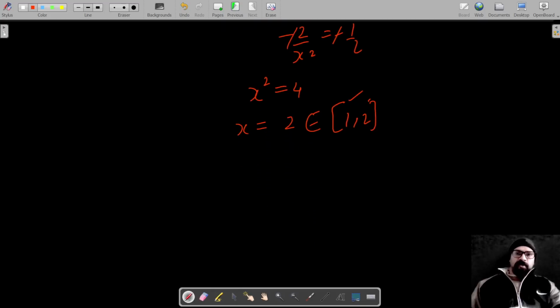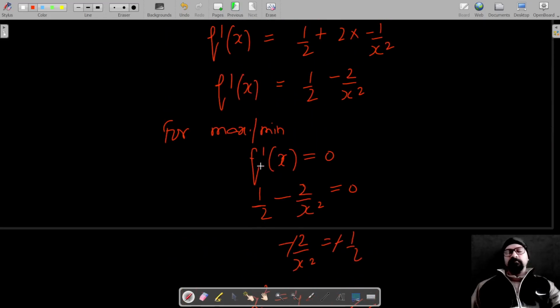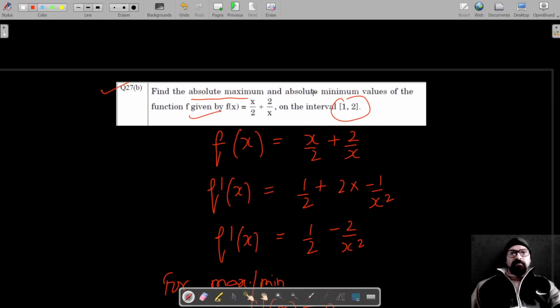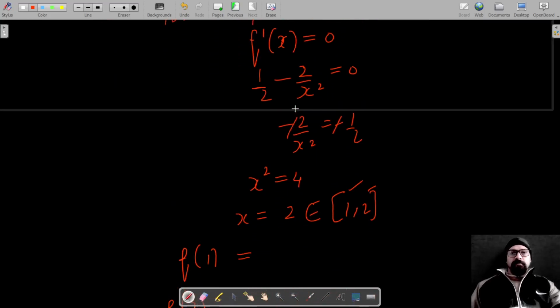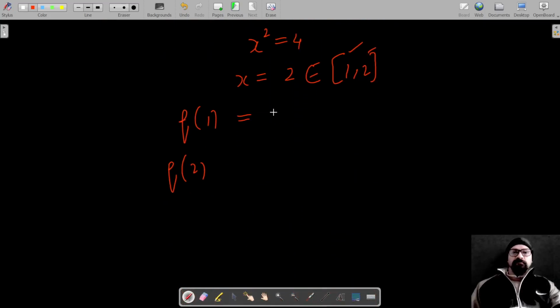Now we have the values 1 and 2, so let's find out the value of the function at 1 and the value of the function at 2 to find the absolute maxima and minima. The value of the function at 1 is 1 by 2 plus 2 by 1, which is 5 by 2.